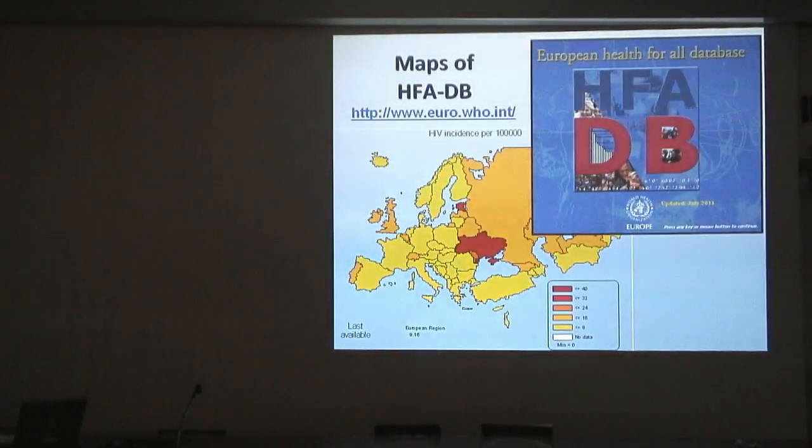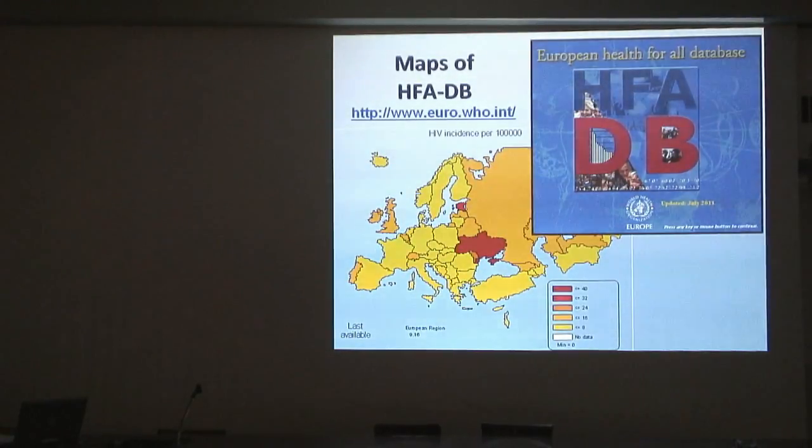But it's possible to compose maps using GIS, for example, the Health for All database. Maybe you know it, yeah? No? It's easy to download it. It's possible to use it on internet or download to your own personal computer and use it offline.